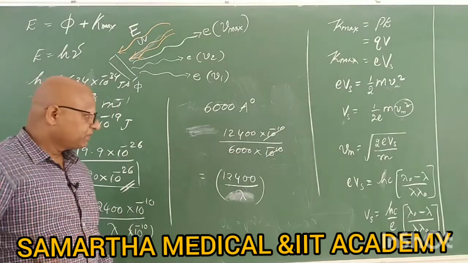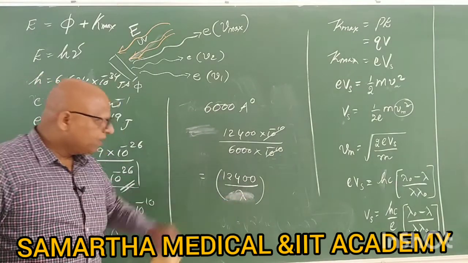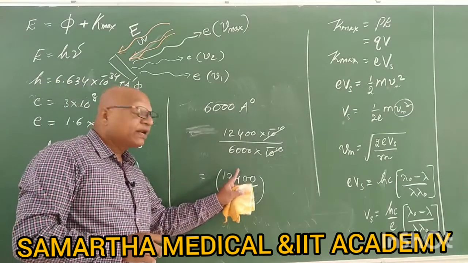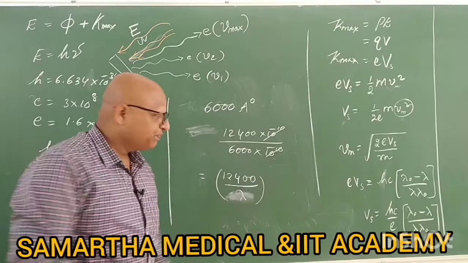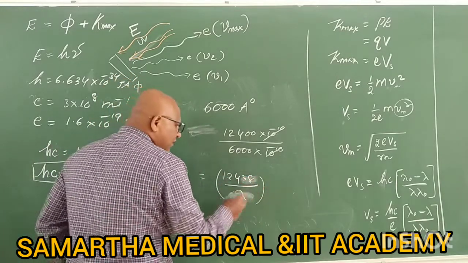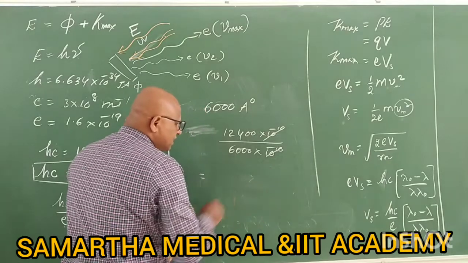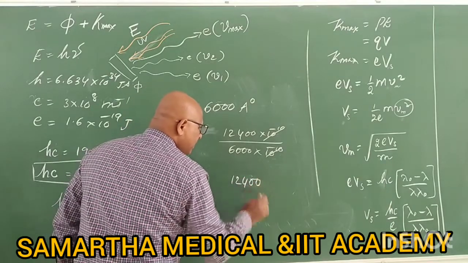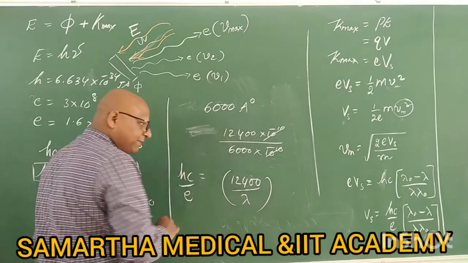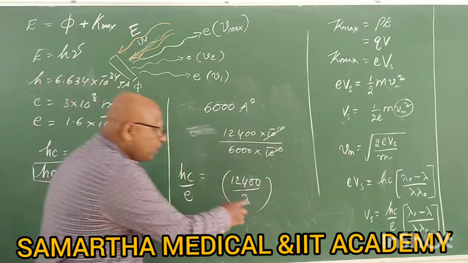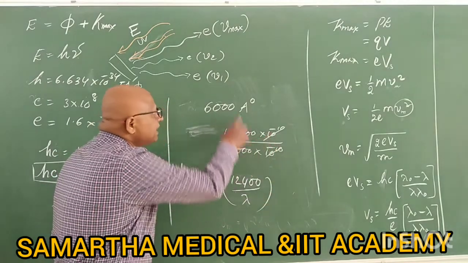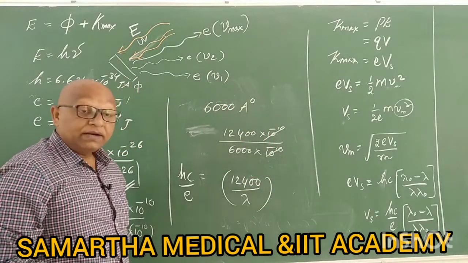Actually it is not exactly 12,400, it is 12,438 something volt, but for convenience we will write it as 12,400 divided by lambda. It is the value of Hc by E. No need to put 10 to the power of minus 10 in the numerator or in the denominator.